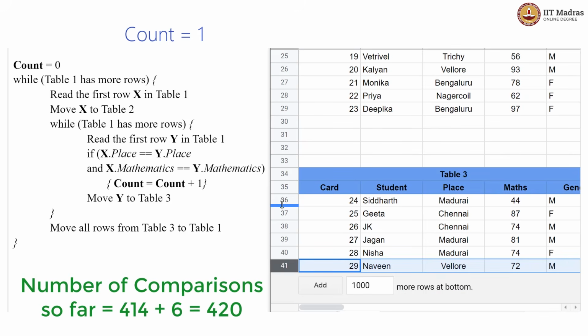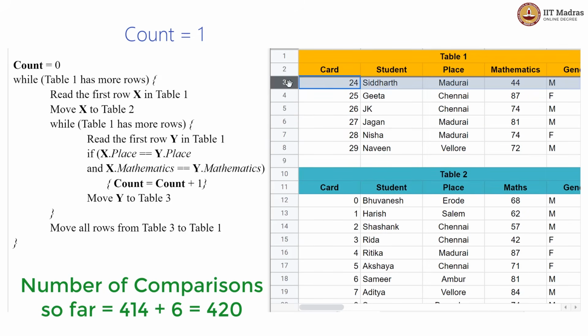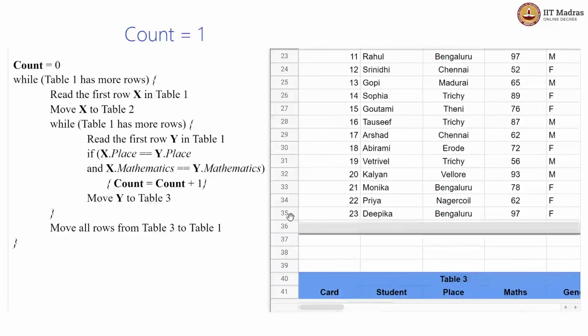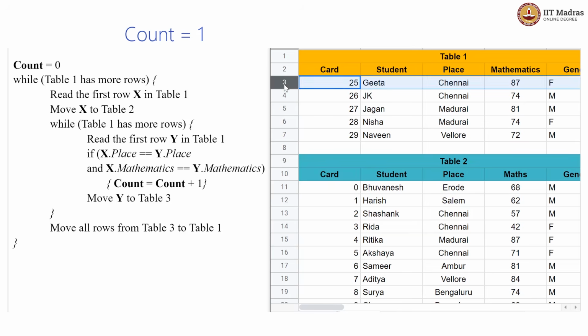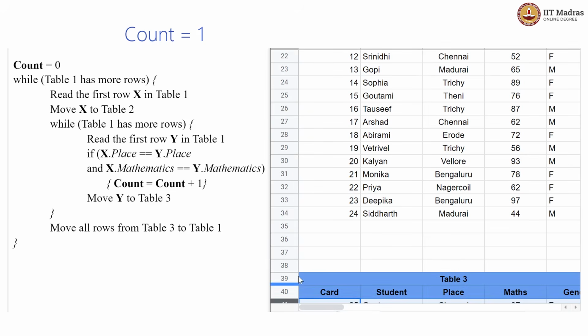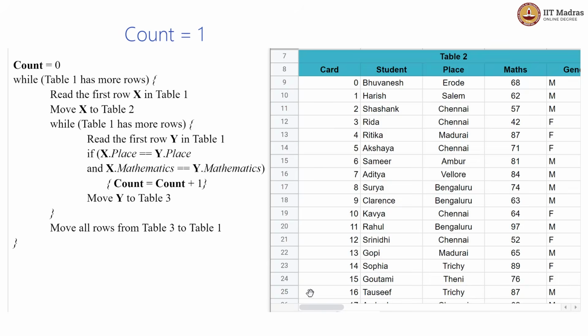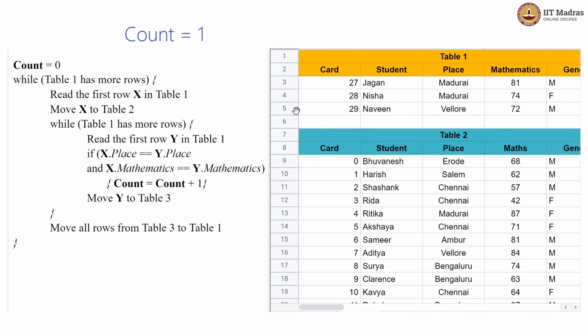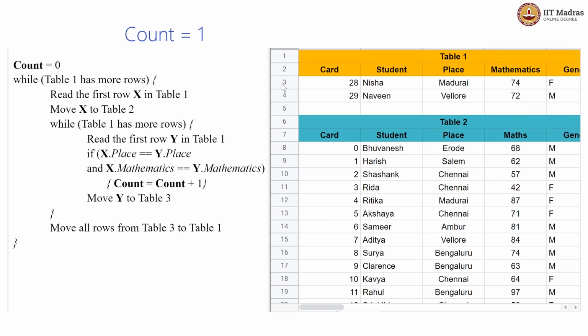Table 1 is empty. So bring back these. This is our row X now, which is Madurai 44. This is Madurai but not 44. Again Madurai but not 44.